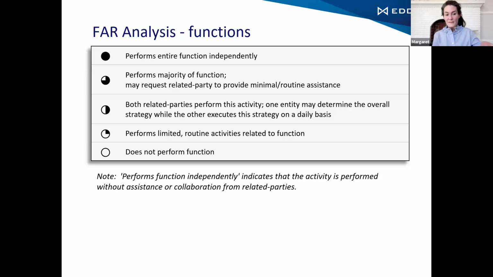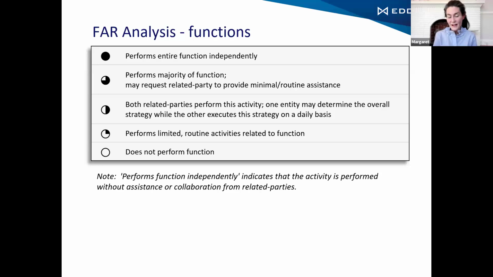And maybe you have the pie that is not shaded in at all, the one on the bottom that says does not perform. Maybe you have that circle, does not perform, for each of those activities, but it's still important to describe the activities, even if they're not being performed.